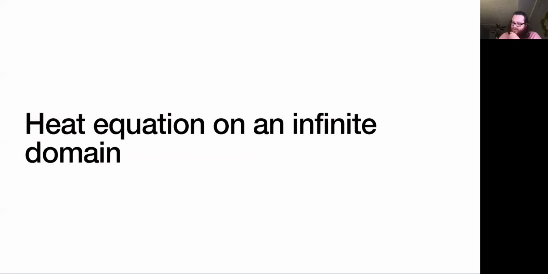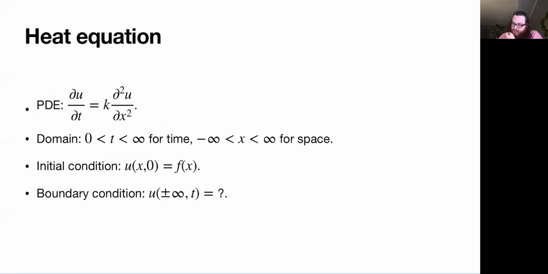Cool. So what does a heat equation look like on an infinite domain? Well, what do we mean by infinite? Here, we're going to be focusing on the usual heat equation: one time derivative, two spatial derivatives. Keep in mind here, u is a function of both space and time.